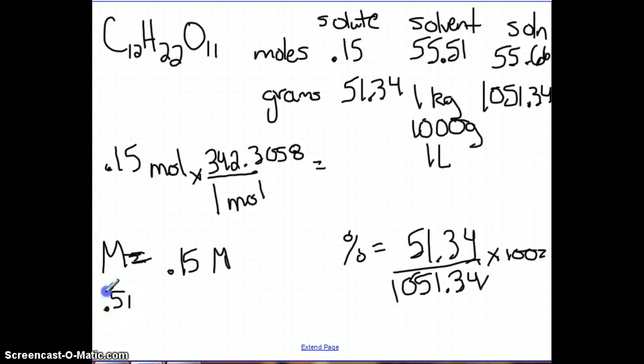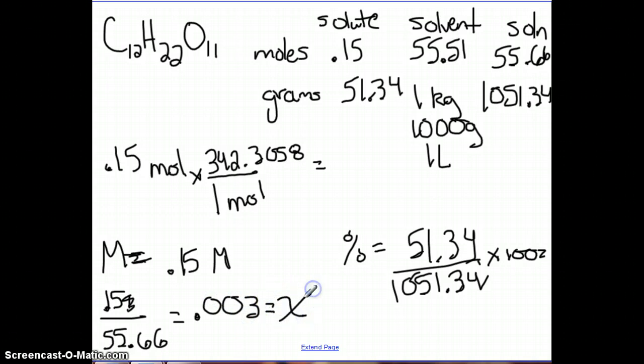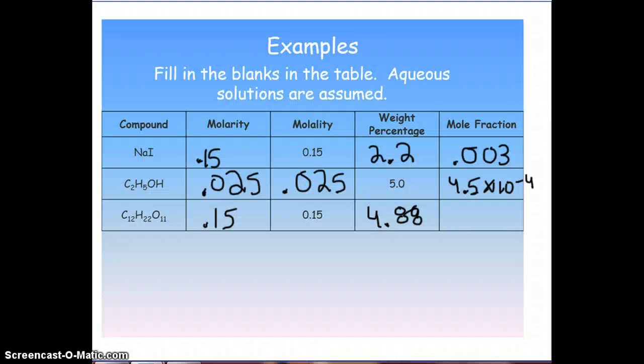Oh, dyslexia kicked in. 0.15, there we go. 0.15 over 55.66. This is going to give us our mole fraction, which is going to be 0.003. And that's the last thing we had to add to our chart.